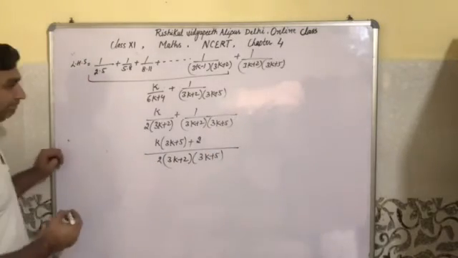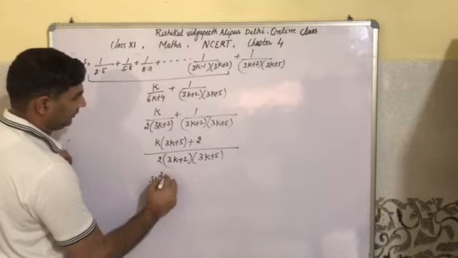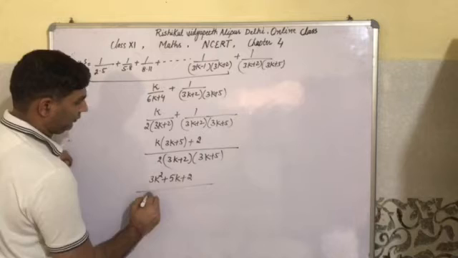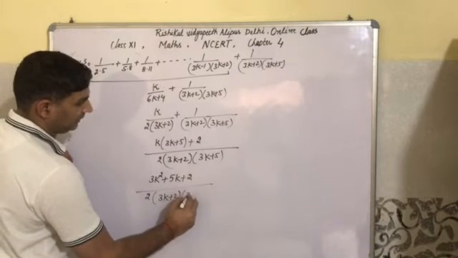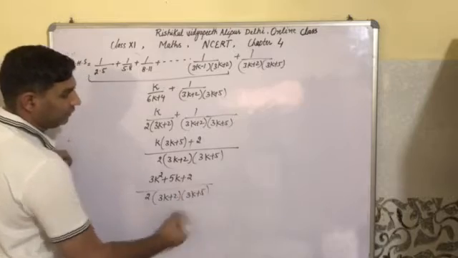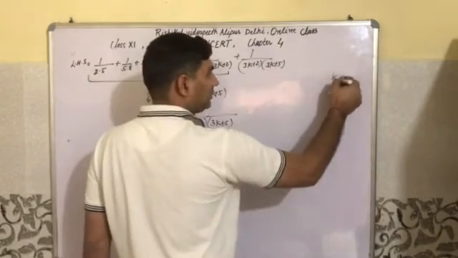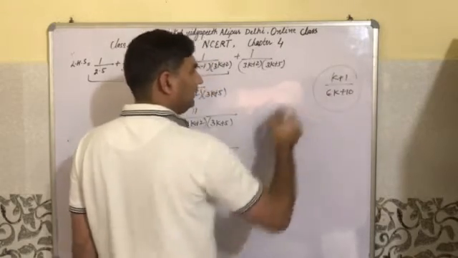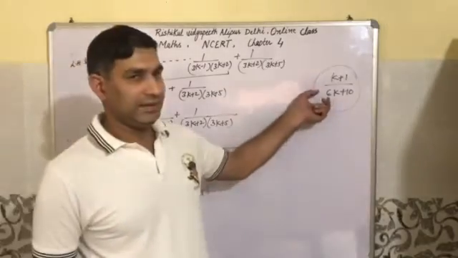Then (3k²+5k+2)/(2(3k+2)(3k+5)). We know the right hand side is (k+1)/(6k+10), which we had to prove. So we have to get this term from this term.